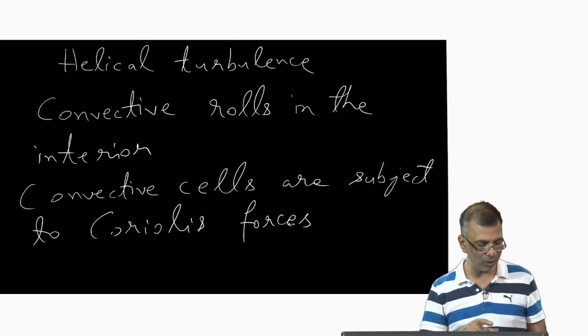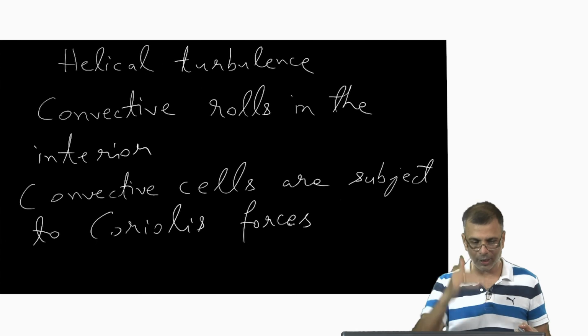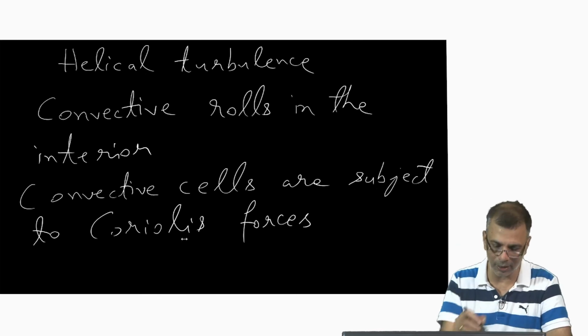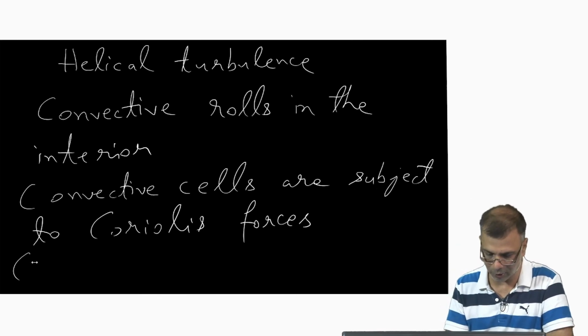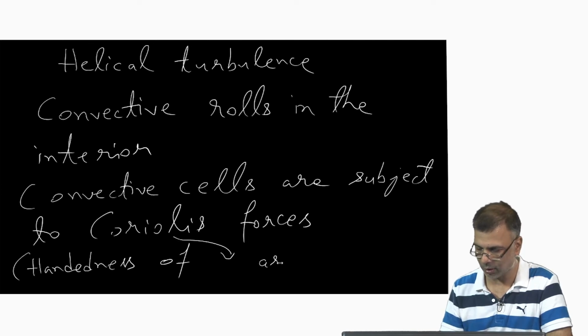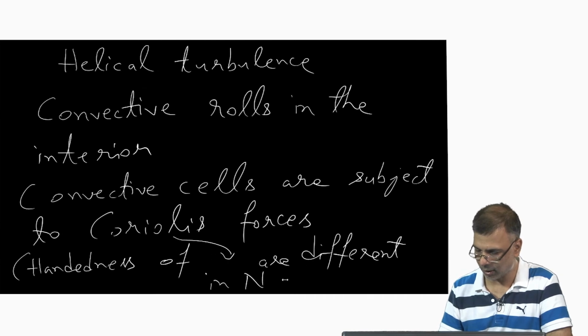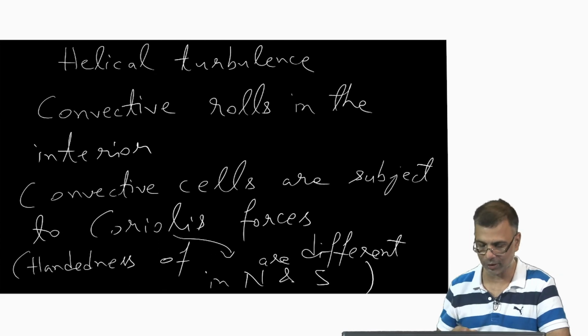So, the handedness of the Coriolis forces is different in the northern and southern hemispheres.